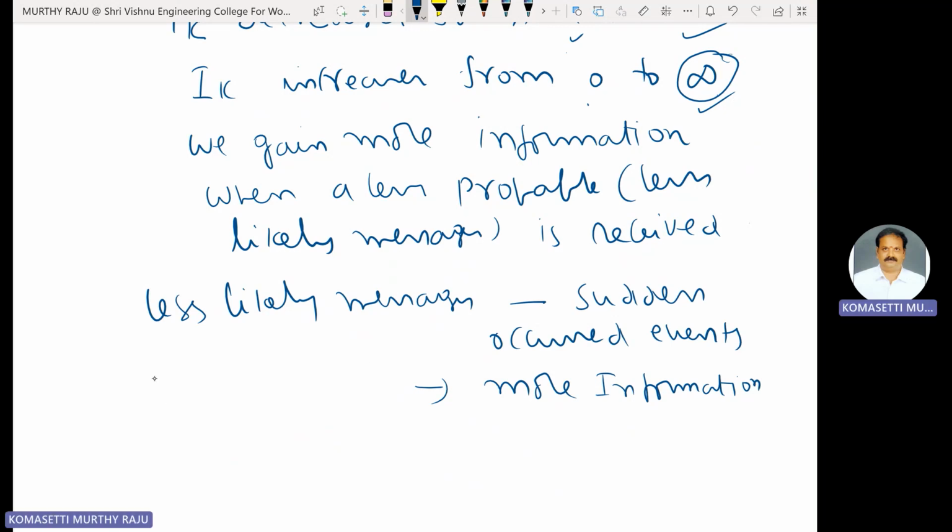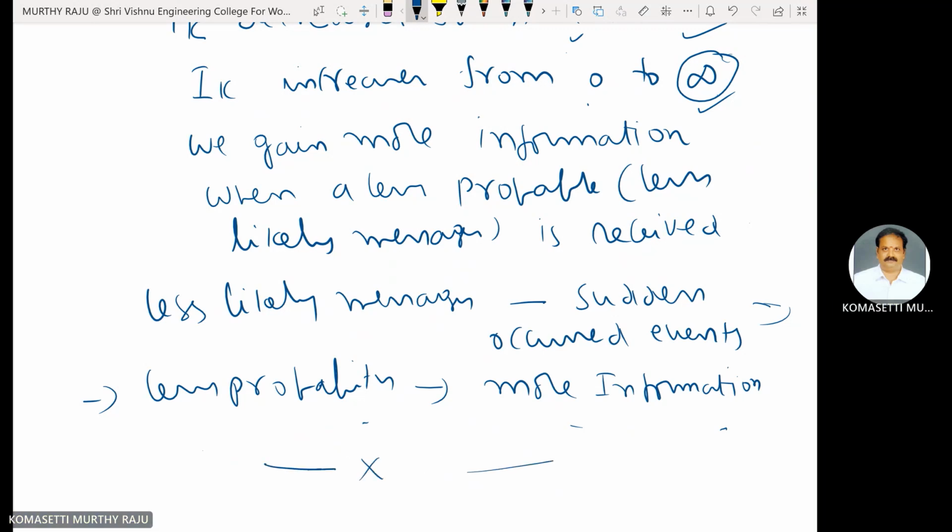Less likely message means less probability. More likely messages means truly occurred events. More probability, less information. With this, the properties of information are completed.